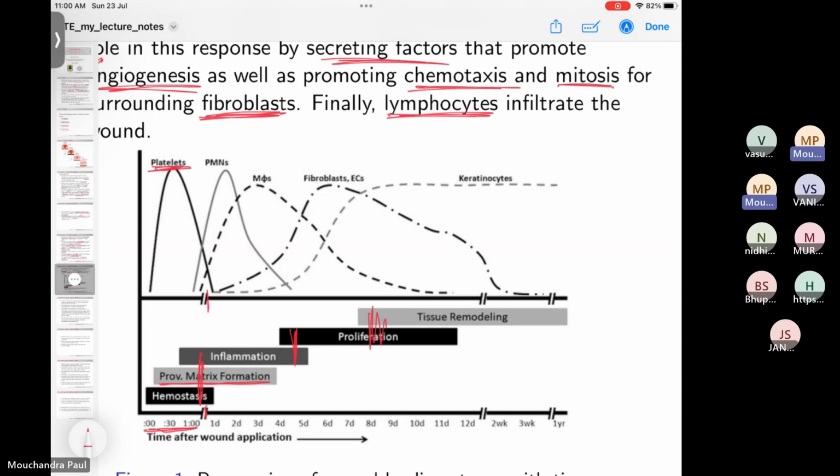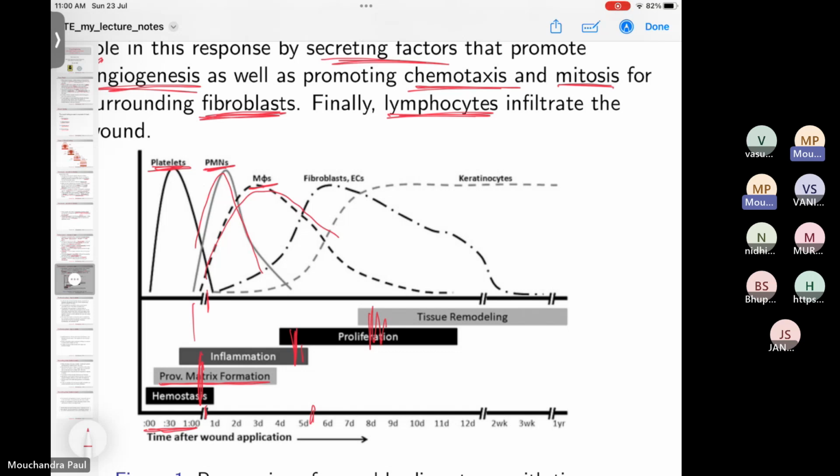In the inflammation phase, you will see the neutrophils, PMNs, and the macrophages. Their population is increasing during the inflammation phase. As the inflammation phase comes to an end, within days or weeks, the proliferation phase begins. So what will proliferate?